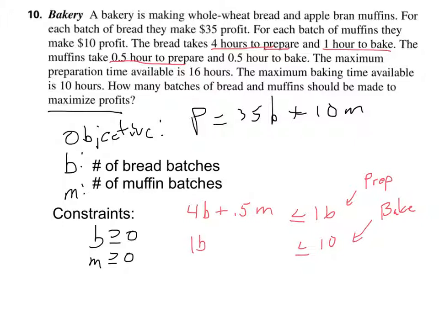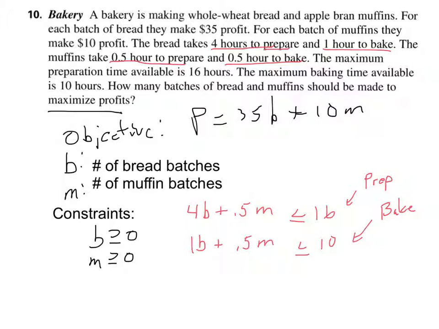So it's 1B. So every time I want to bake a batch of bread, it takes 1 hour. And the muffins only take half an hour. So that is 0.5 times M, for each batch of muffins, excuse me.